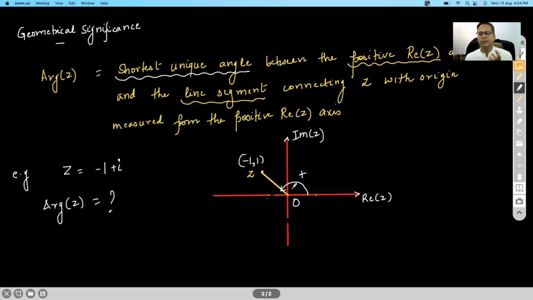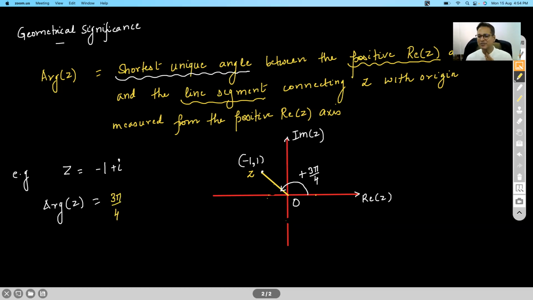So that basic sign scheme of angle you should not be forgetting. So you should be applying the same over here as well. Now, what is the magnitude by which you have moved? Can anybody tell me the magnitude? Right, 135 degrees. So we can say plus 3 pi by 4. Exactly. So the argument of minus 1 plus i is plus 3 pi by 4. Normally we don't write a plus. So this is your answer.